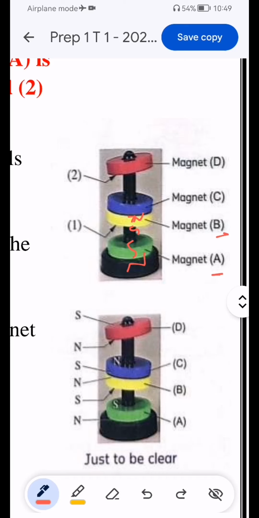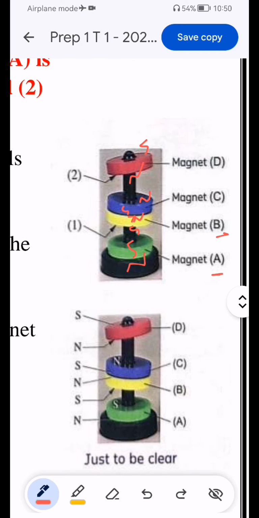And there is attraction between magnets C and B. That means the lower part of magnet C is south. Different poles, okay? And the upper part will be north. And there is repulsion between magnets C and D. That means the lower part of magnet D is what? It is the same as the upper part of magnet C, right? So it will be north and the other will be south.